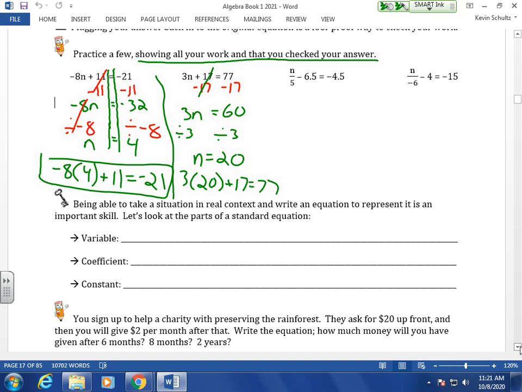The checking stuff, is it just on that one side, like the 60 and the divided by 3 and the 20?